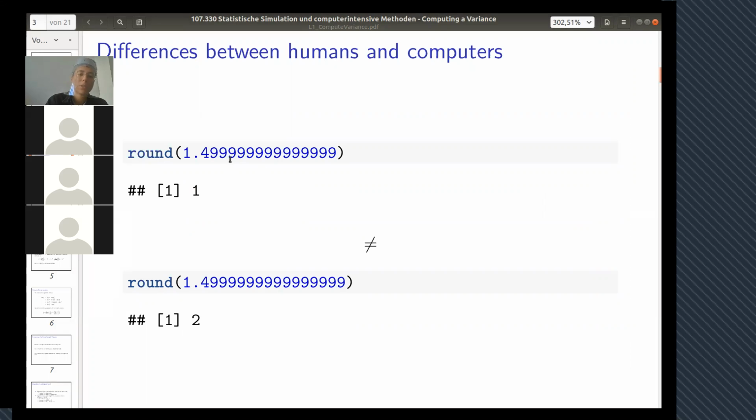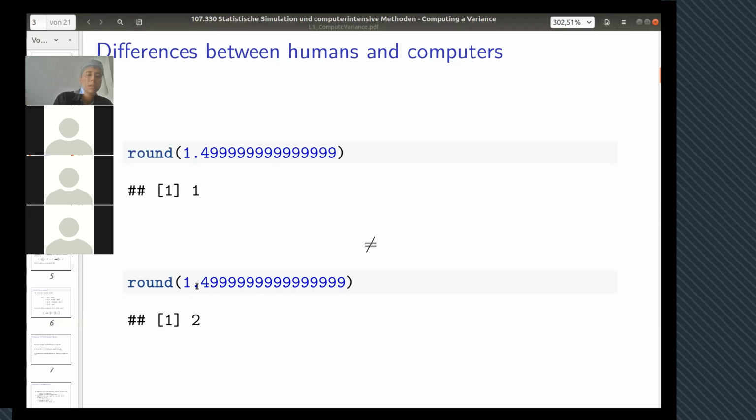So both numbers look more or less the same for human beings. You have to look very closely to see that one has an additional 9 at the end. For a computer, it makes a big difference. It's not like both of them are always rounded to the next smaller number, but the second one is already being pre-rounded.